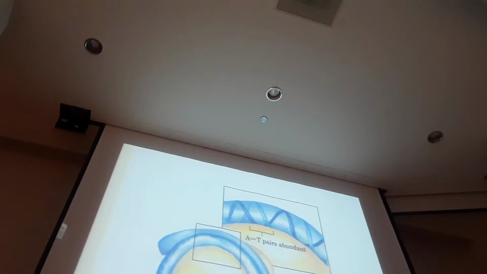What I would like to say, and this is a very oversimplified statement that I make here, is that the interaction between histones and DNA can be modified by modifying amino acid residues in the histones.